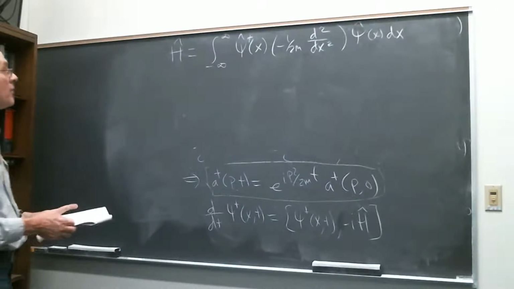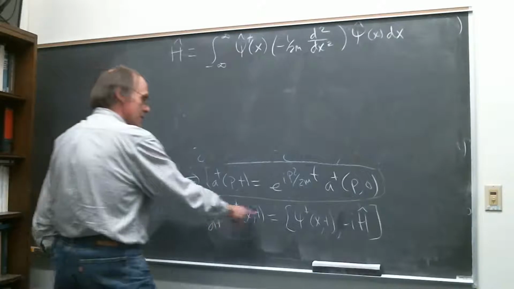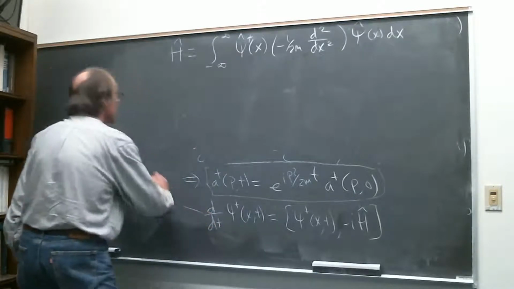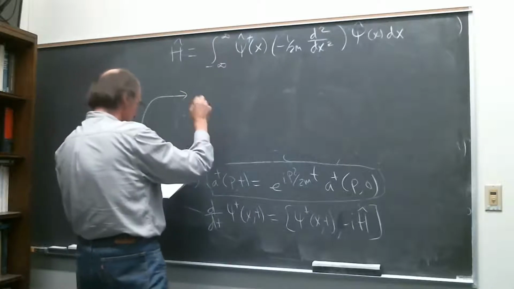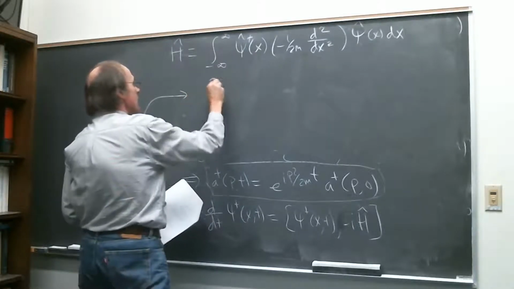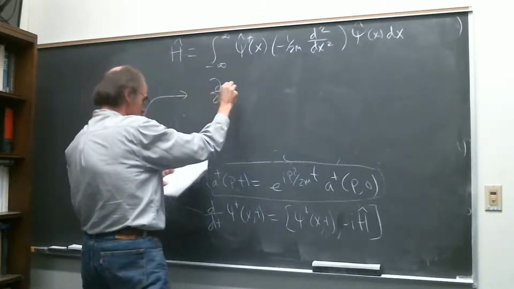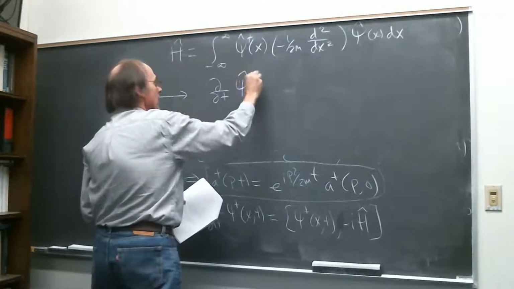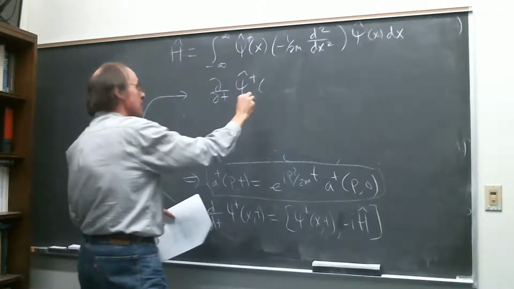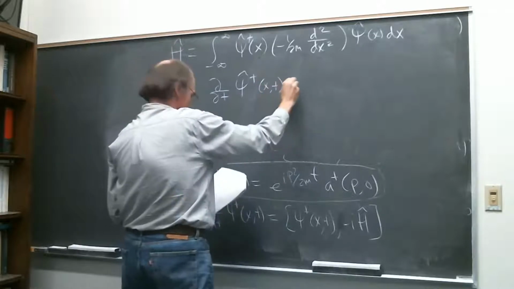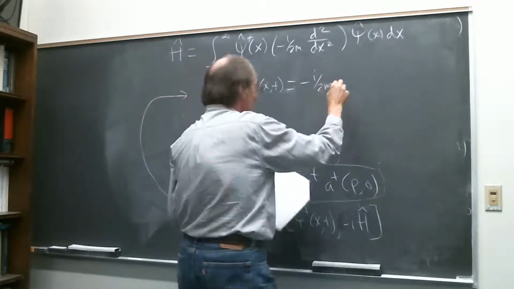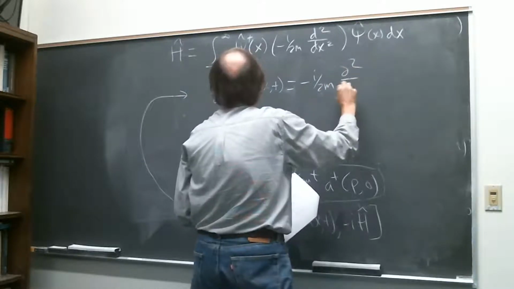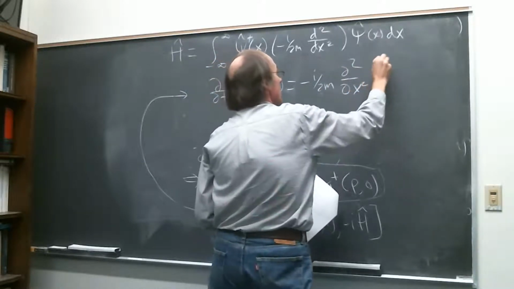And then what you find is that the solution is that psi dagger of x,t satisfies d/dt psi dagger equals something with d squared dx squared psi dagger.